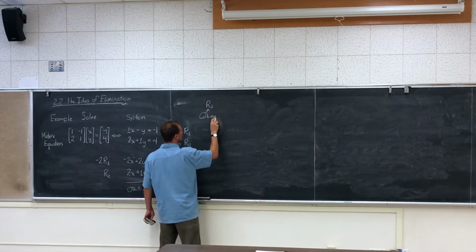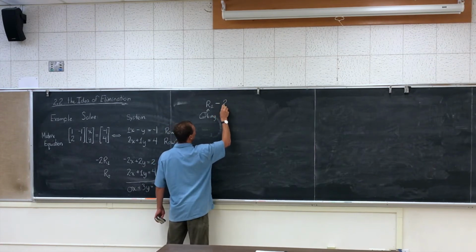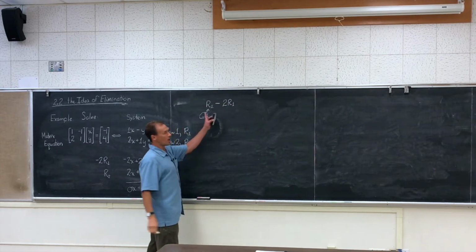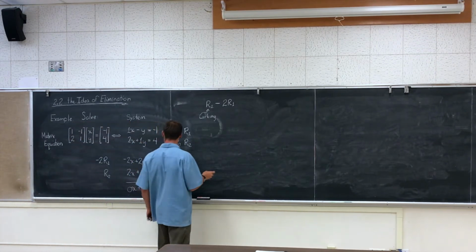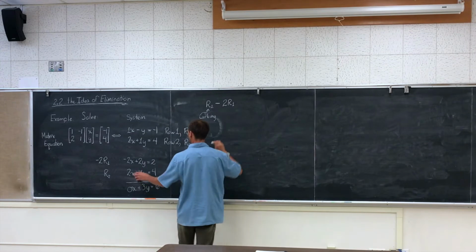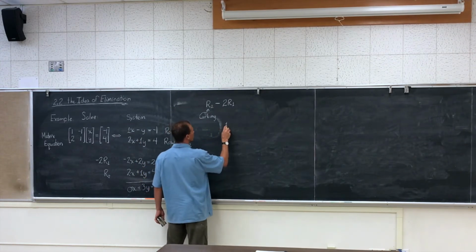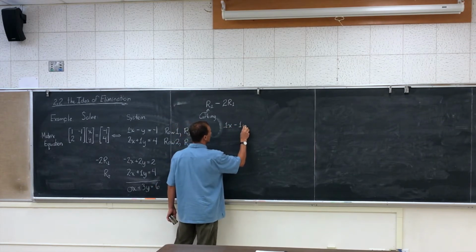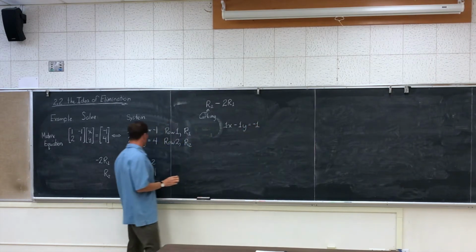That's what we're working. I'm going to change it by multiplying row 1 by negative 2 and writing my result. So all of that, I would recopy my problem. As row 1 would remain unchanged, I would write this as 1x minus 1y equals minus 1.